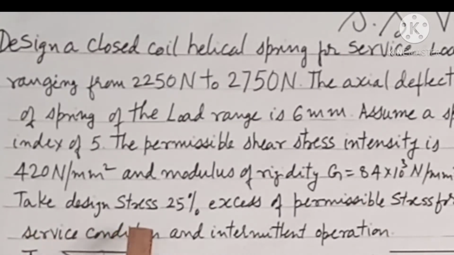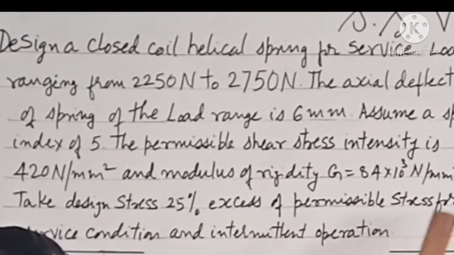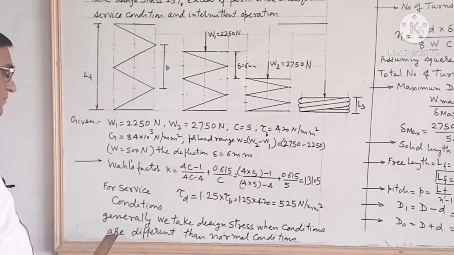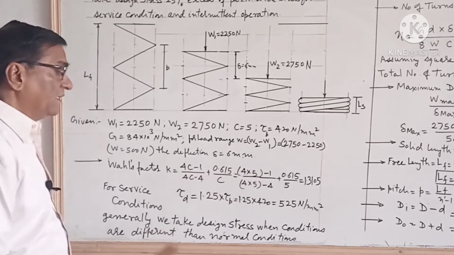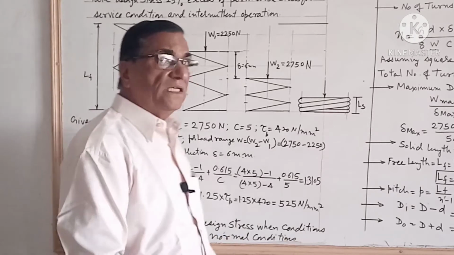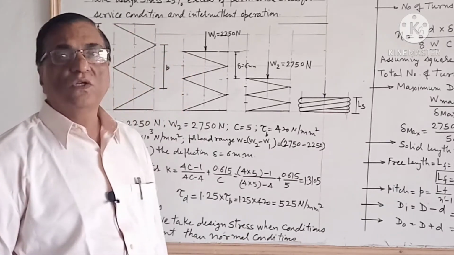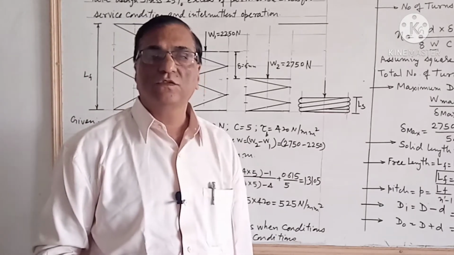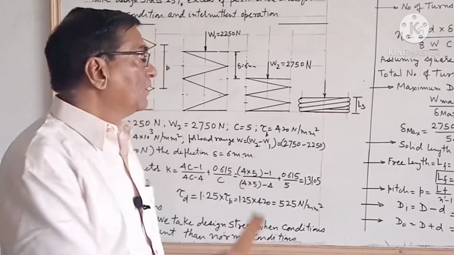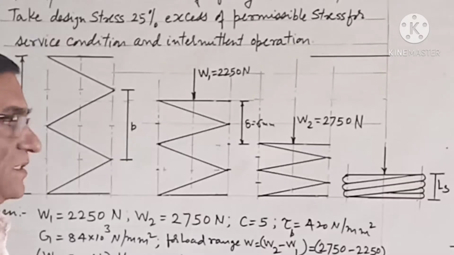Take design stress 25% excess of permissible stress for service conditions and intermittent operations. Generally, we take the design stress when conditions are different from normal conditions. Here we have to take the design stresses.